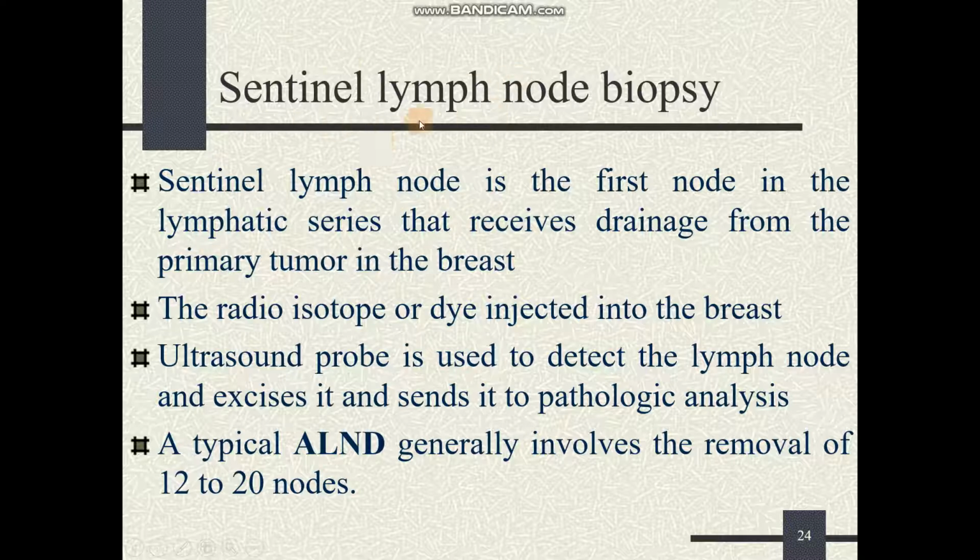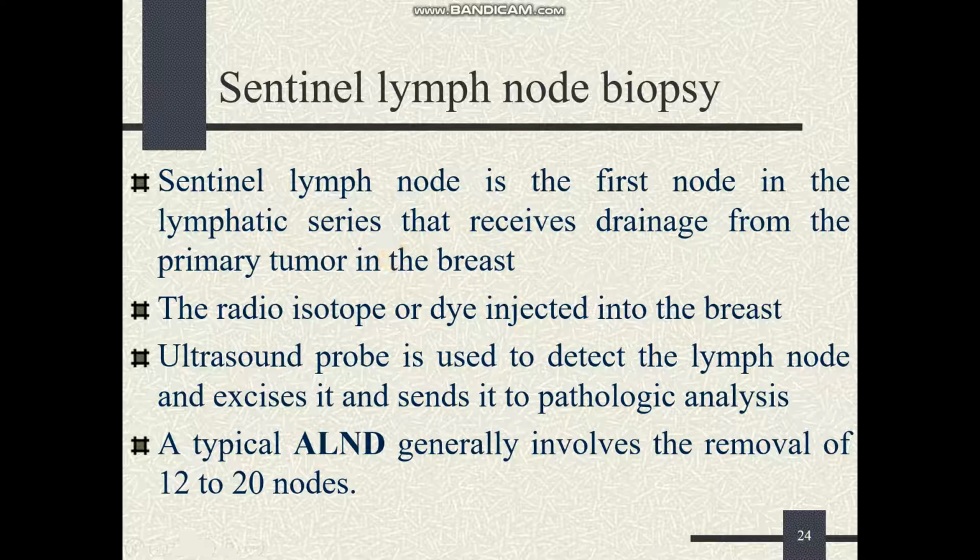Okay, so what is sentinel lymph node biopsy? Here, the first node in the lymphatic series which drains the tumor is the sentinel lymph node. So the sentinel lymph node means the first lymph node in the lymphatic series which drains the primary tumor.